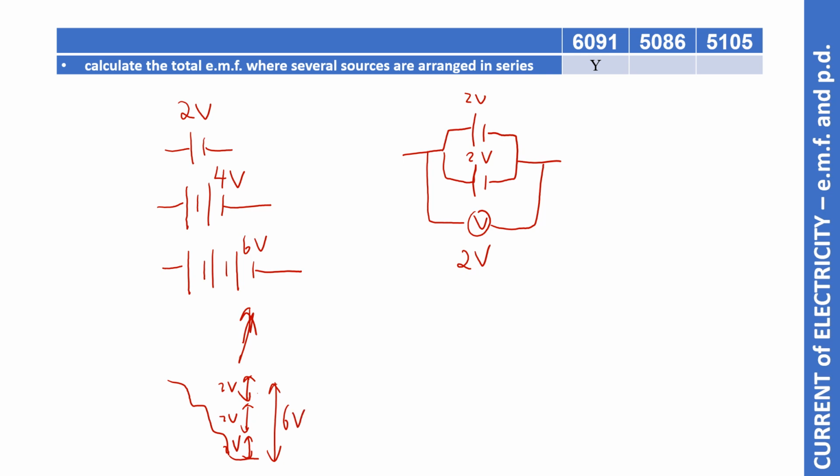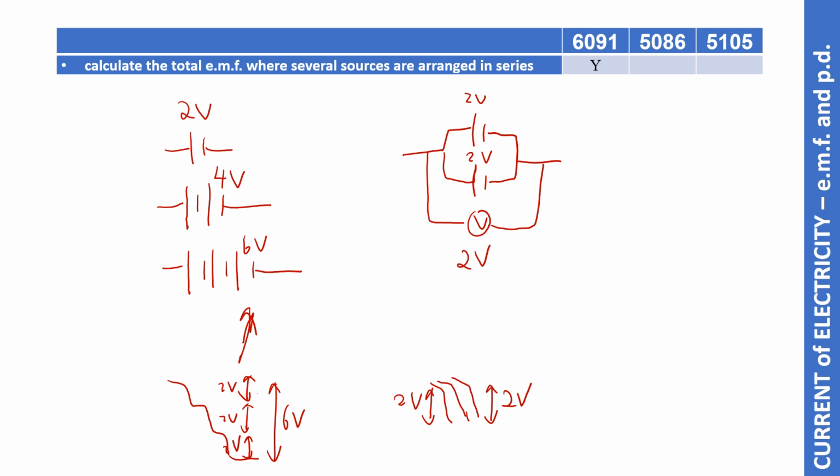For parallel, it's as if you have two slides side by side, so it will remain as 2 volts. So when you place two cells in parallel, you will not get any additional e.m.f.